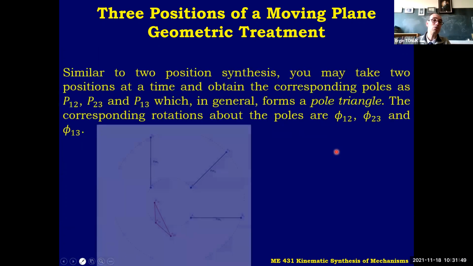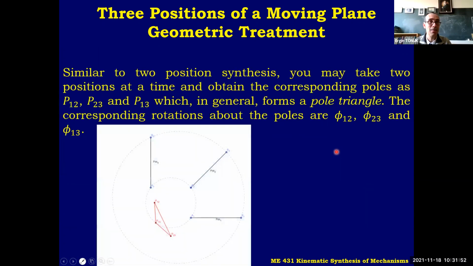Now, similar to 2-position synthesis, we may take 2 positions at a time and find 3 poles, namely P12, that's the point the body rotates around from position 1 to 2, P23, which is the pole it rotates about from 2 to 3, and P13. So I will have 3 poles.